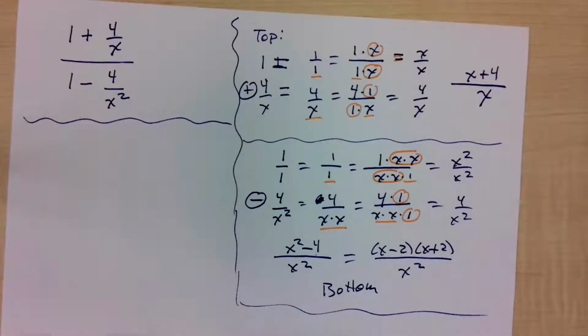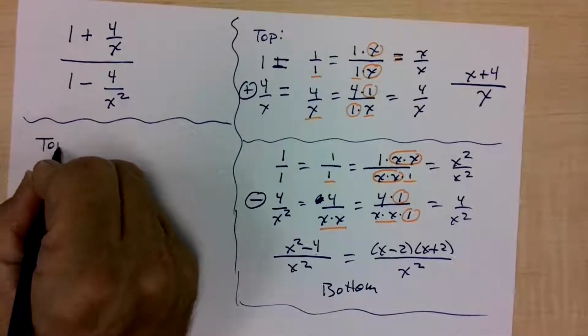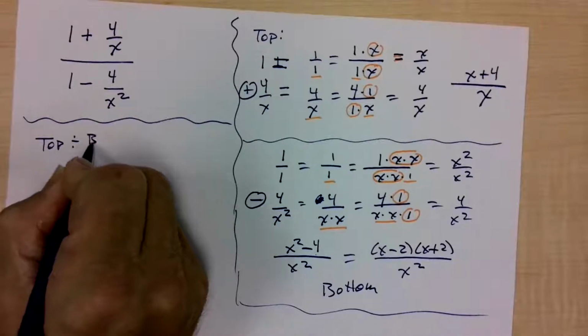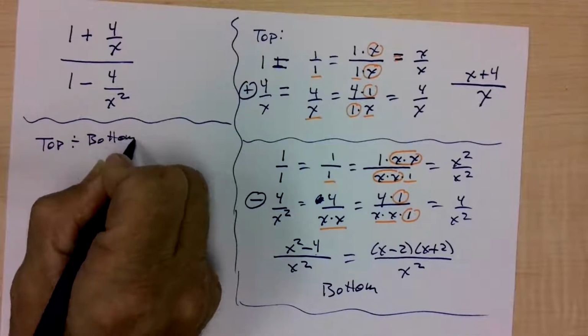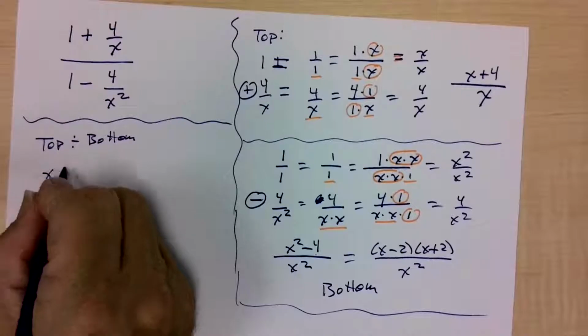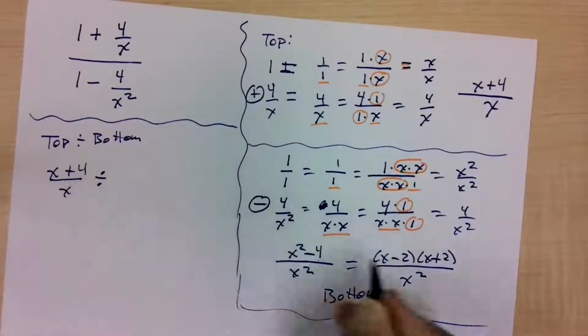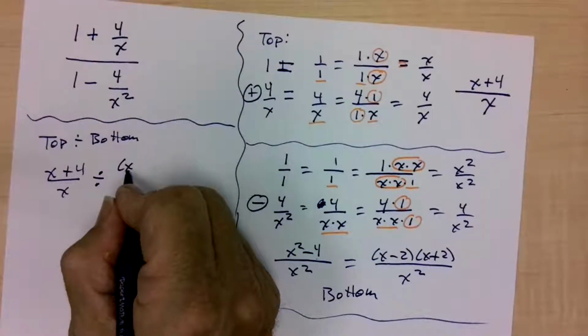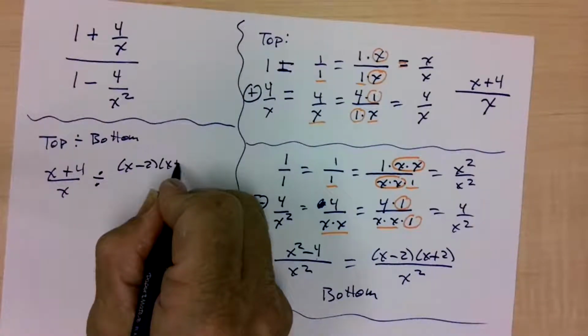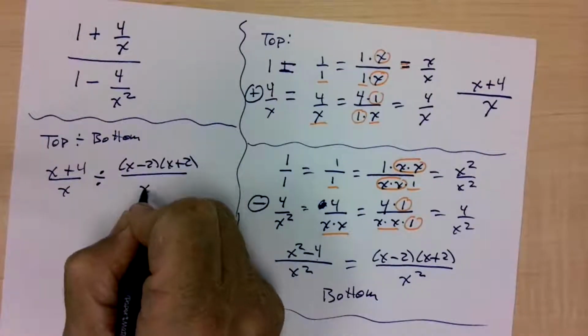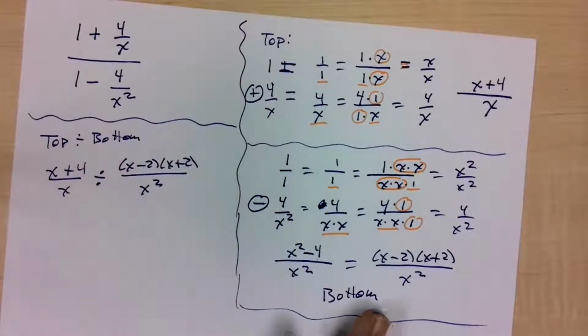We're going to finish this by taking top divided by bottom. The top is x plus 4 over x, divided by the bottom, x minus 2, x plus 2 over x squared. Invert and multiply.